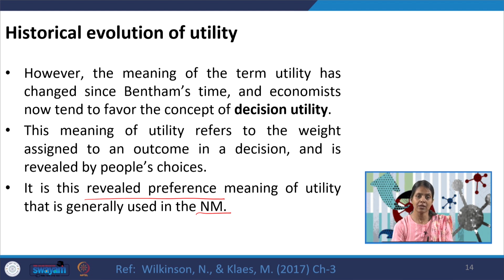So, in economics the concept of utility is majorly associated with this idea of decision utility, which basically tells you that when we make a decision, we compare utilities associated with different options, and accordingly take the best one that suits us, that a rational individual considers to be the best one.